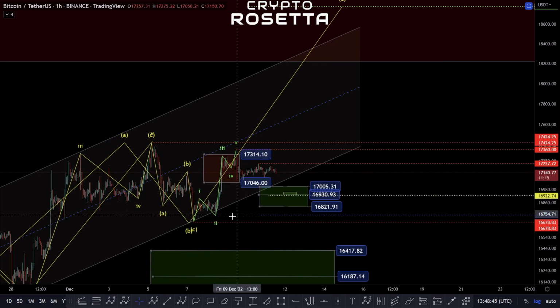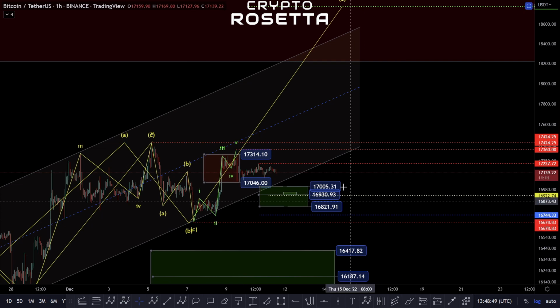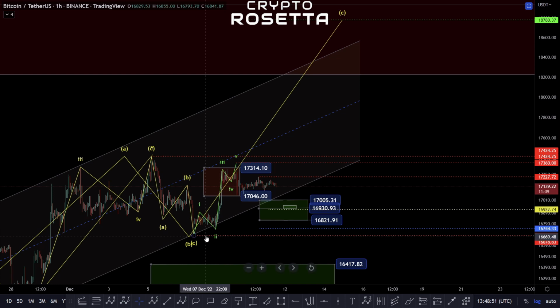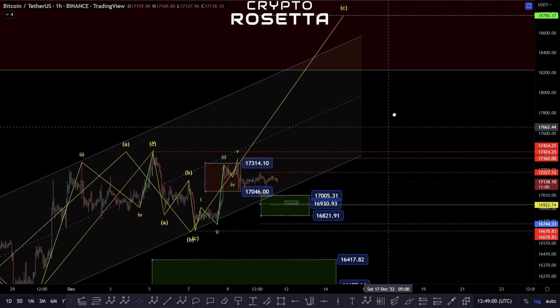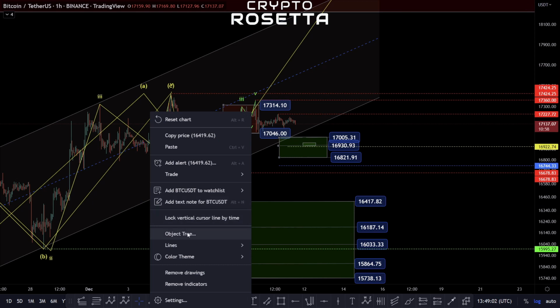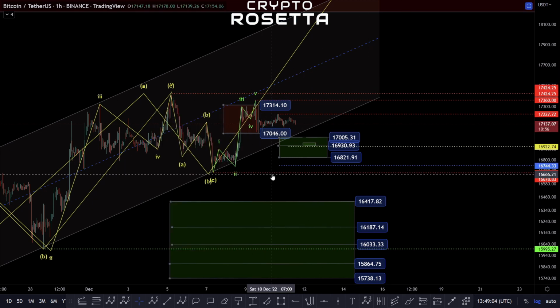If this low is set here and it's going to hold at 16,678, there is potential that we could be looking for a 5-wave move, which at a 1-to-1 of this first A wave would take us towards this 18,780 area. So that's what we're looking for. The important thing is to see whether these lows hold.